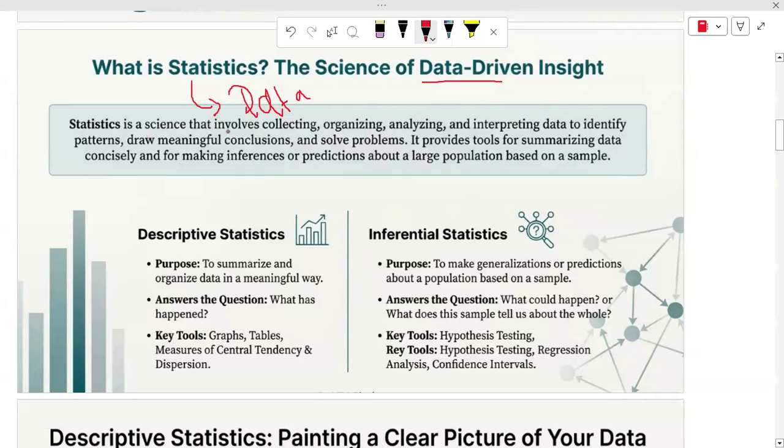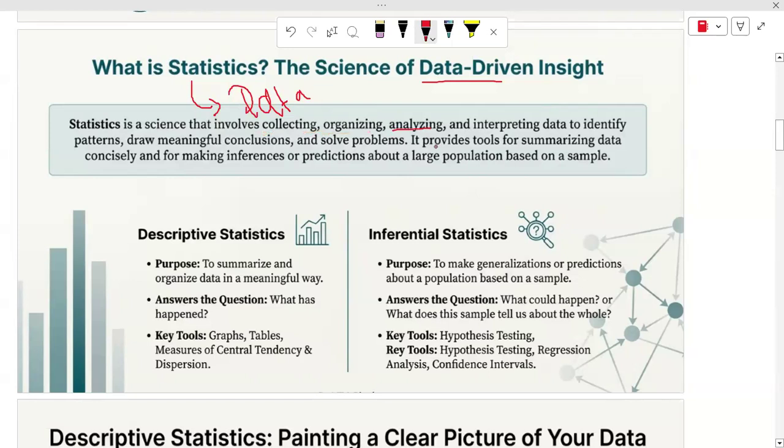Statistics is a science that involves, step number one, collecting data. After collecting data, you should organize them in a proper manner, ascending order or descending order.